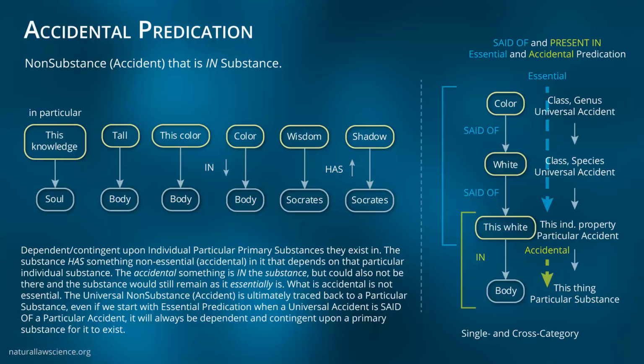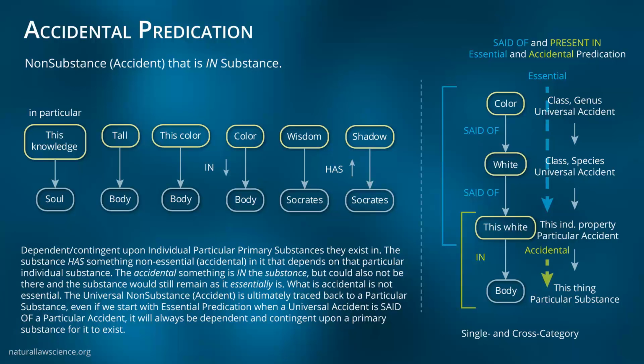The first blue bracket is about essential predication, which is within one category. So that one category is the accidents. The color, which is said of white, which is said of this white. That's essential predication within accidents, within the category of accidents themselves.